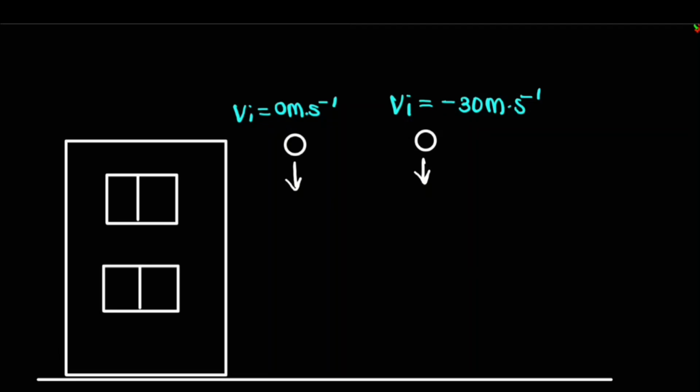However, your second stone is thrown 2 seconds later. Okay, so let's just make a note of this. It's thrown 2 seconds later, meaning that, for example, if I call the stones A and B, if it took stone A 10 seconds to reach the ground, it would have taken stone B 8 seconds to reach the ground because it was thrown 2 seconds later, and we know that they reached the ground at the same time.